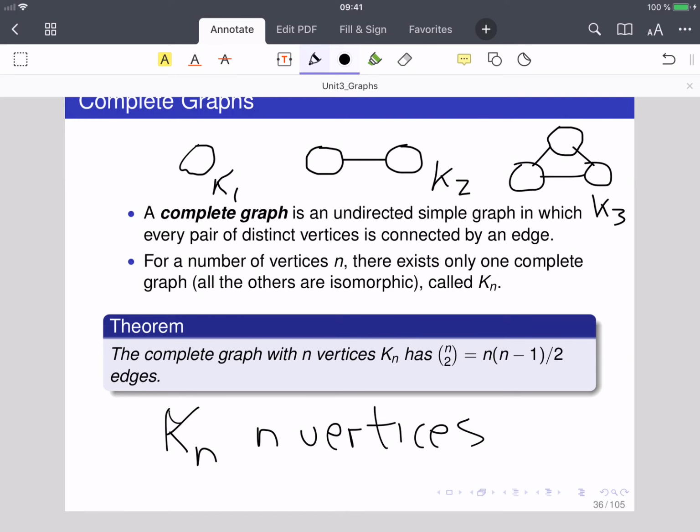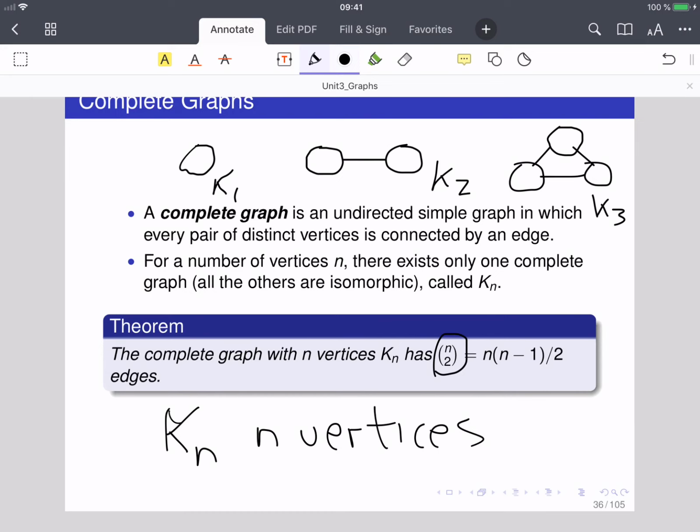The theorem here in the slide gives us the number of edges in the complete graph of n vertices, and this is given by n times n minus 1 divided by 2. This is also what we call the combinatorial number n over 2.